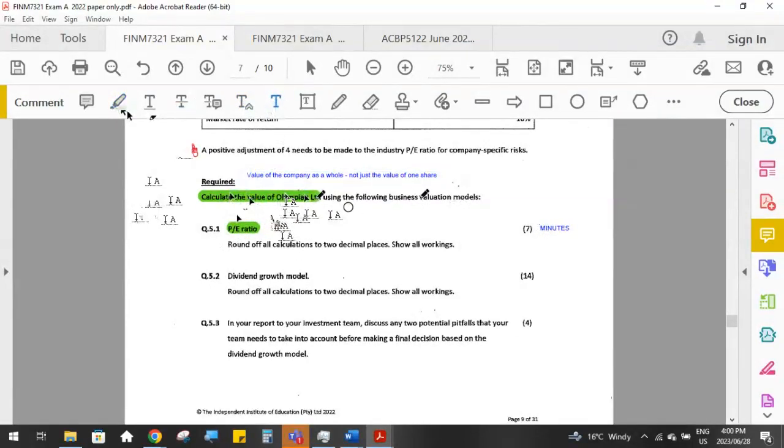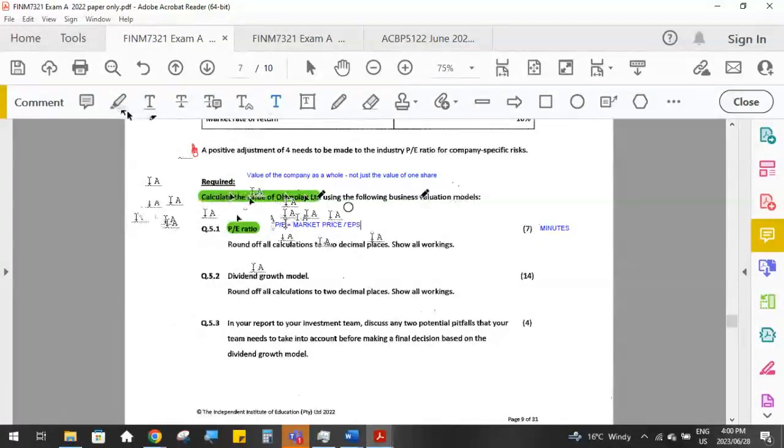So we all know that PE ratio that we calculated, and remember you calculated PE ratio in second year finance. PE ratio is calculated as the market price of the share divided by the EPS, the earnings per share of the company.